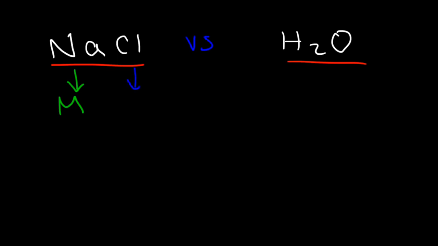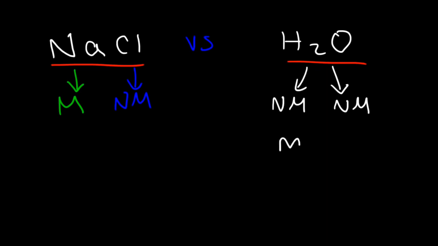Chlorine is a nonmetal. It doesn't conduct electricity. Hydrogen and water are both nonmetals. Even though hydrogen is in the upper left corner, it's not considered to be a metal like sodium or lithium. So water is considered to be a molecular compound or a covalent compound because it's composed of nonmetals.